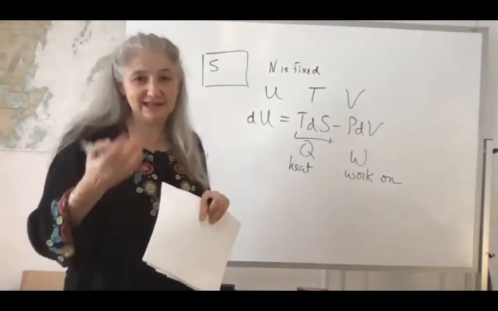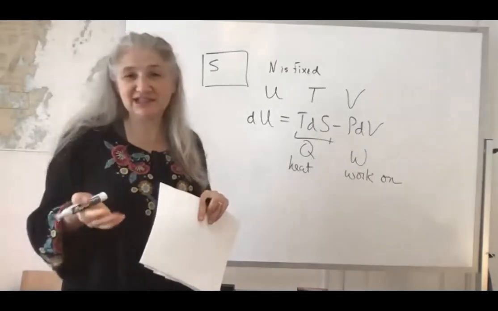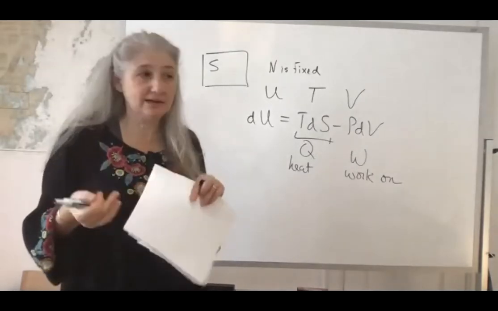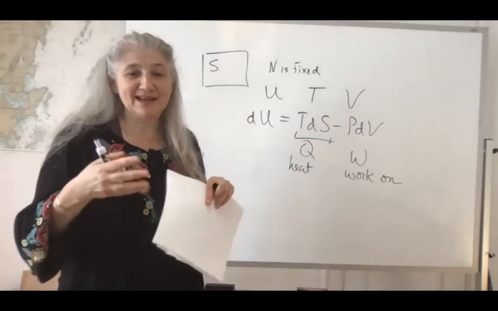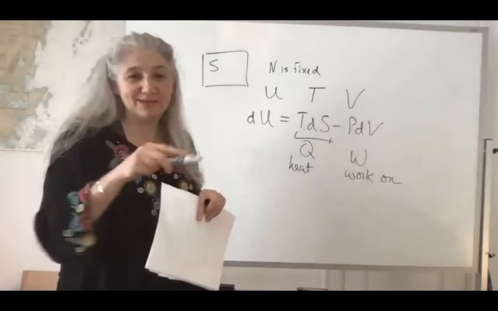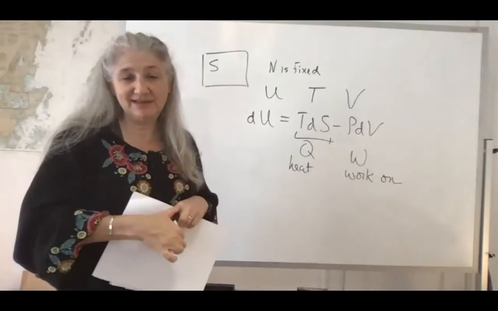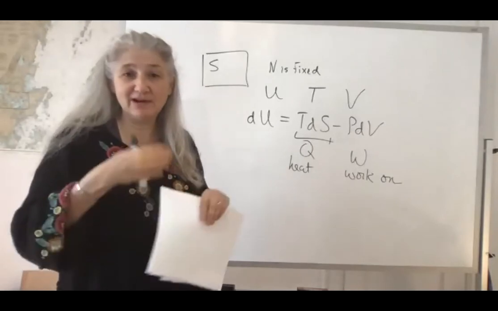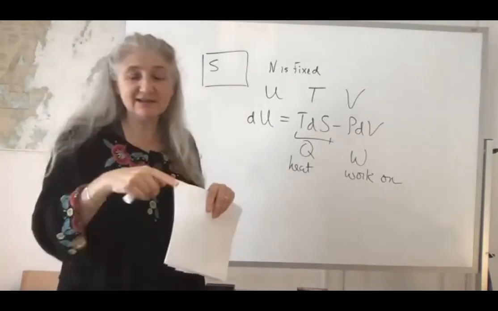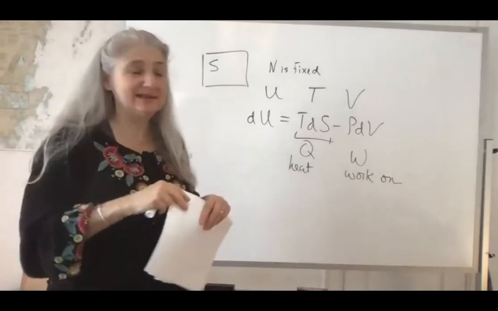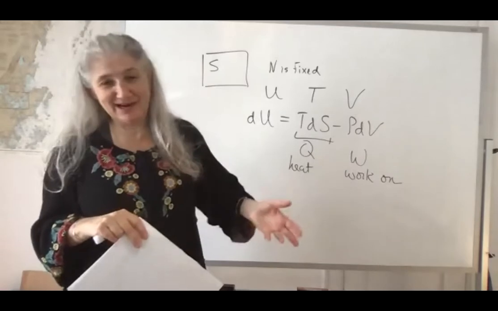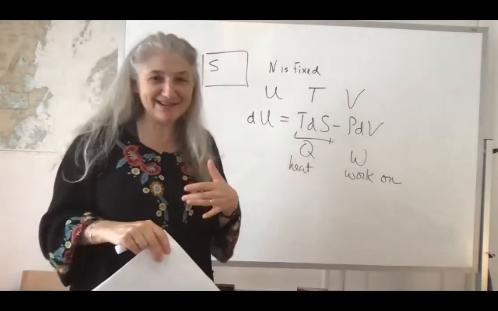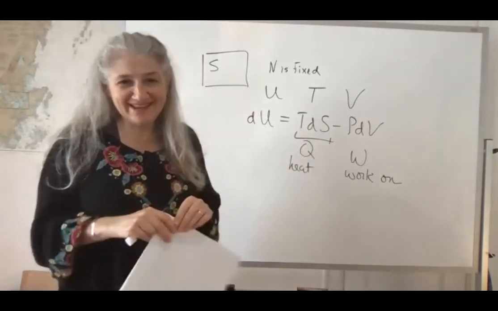And so things like heat engines, air conditioners, refrigerators, and those kinds of things you can think of as little trajectories in PV space, where you have these periodic cycles, and each part of the cycle is either exchanging heat or you're doing work on the gas, or the gas is doing work on the surroundings, or both.